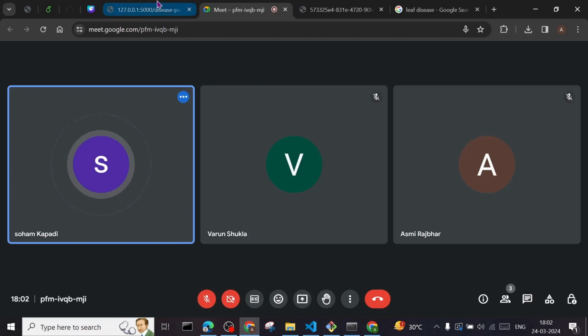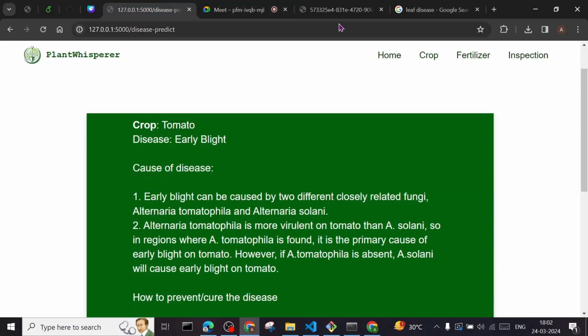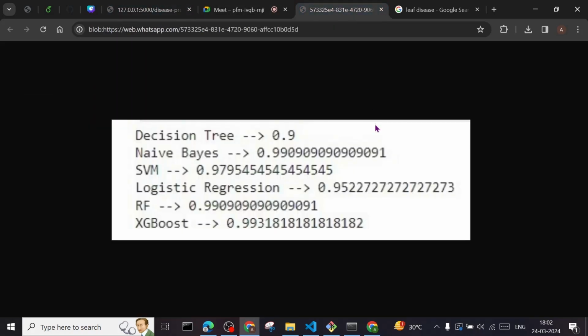So we have created several algorithms for our machine learning model, which include decision tree, which has an accuracy of 0.99, and naive Bayes, which has an accuracy of 0.990, and SVM, support vector machine, which has an accuracy of 0.97.